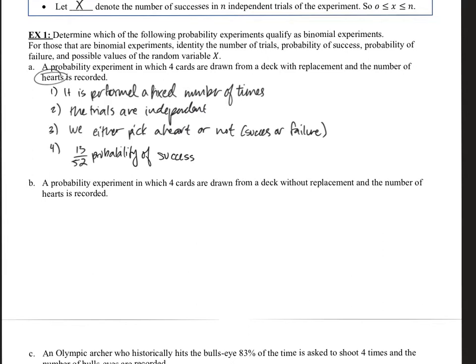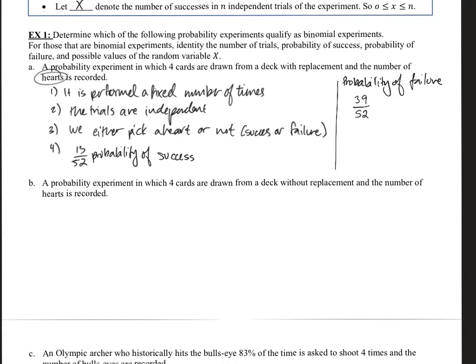Probability of failure would be 1 minus 13 over 52. So what would 1 minus 13 over 52 be? That would be, 52 minus 13, that would be 39. So probability of failure would be 39 over 52. Those are the remaining cards in the deck that are not hearts.